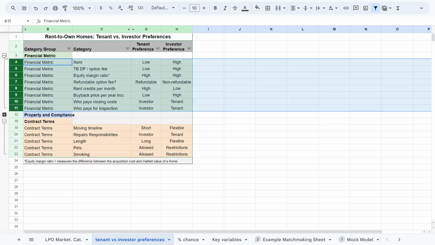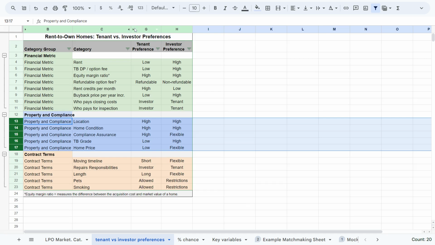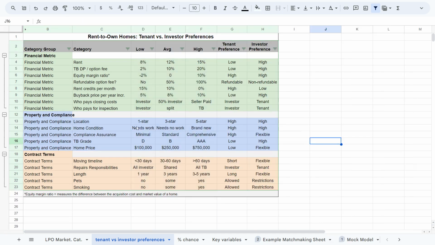So when you show all of these values and then go through the categories, the only ones I didn't quite go through were some of the low, average, and high, but you can kind of see the ranges here from the investor taking the responsibility to the tenant, typical lengths.